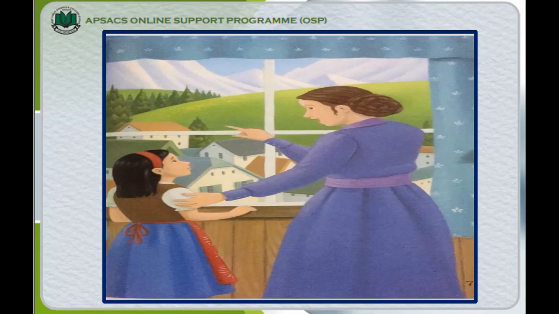Yes, we do. She is Aunt Dete. What are they doing? They both are looking out of the window and Aunt Dete is pointing towards the snowy mountains. Now let's read out the text and find out what Aunt Dete is telling Heidi.